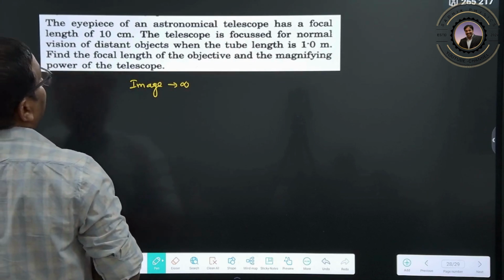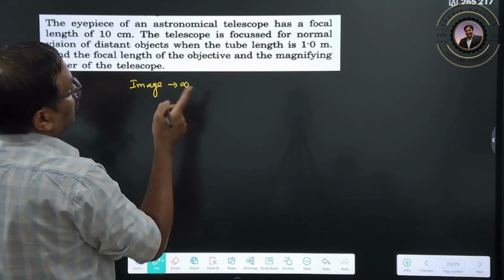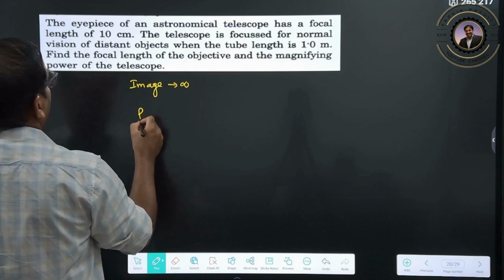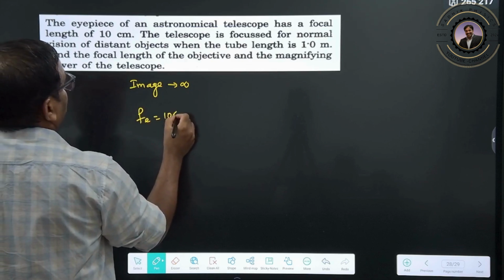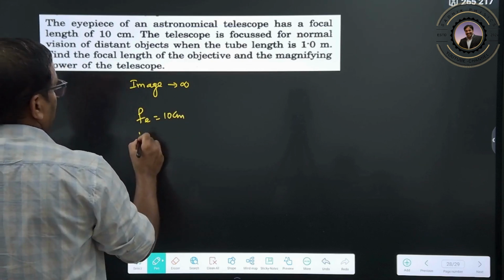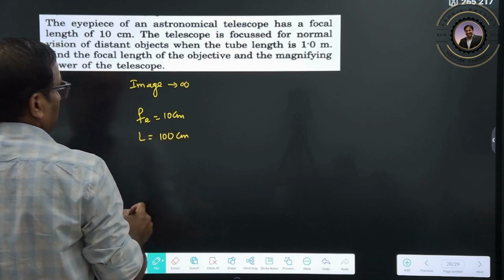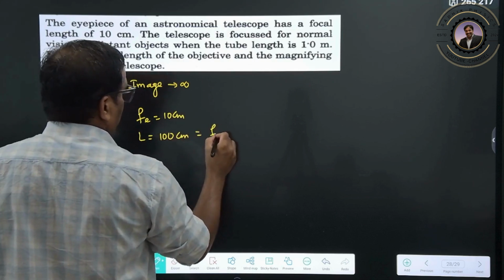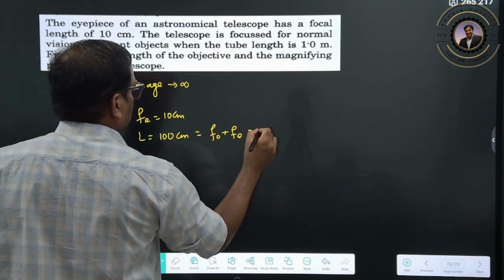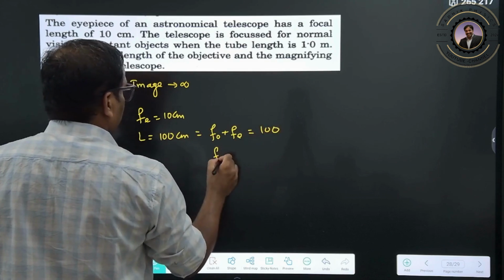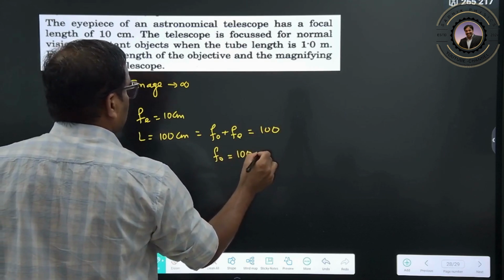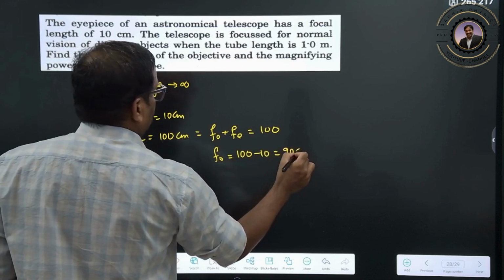So Fe is given as how much now? 10 centimeter. Tube length is given as 1 meter, means 100 centimeter. So F0 plus Fe is equal to 100. So F0 is equal to 100 minus 10, therefore 90 centimeter.